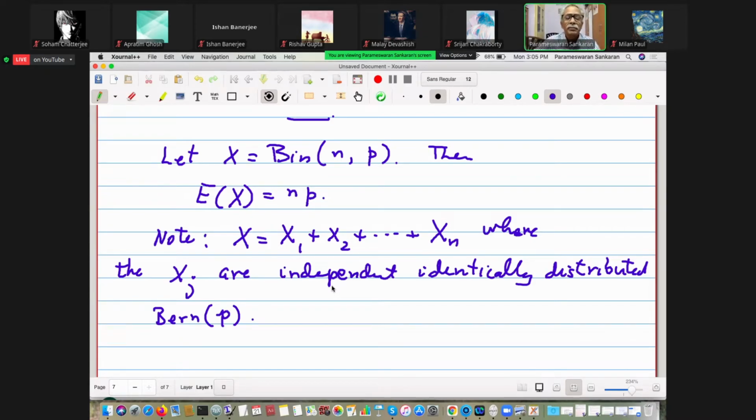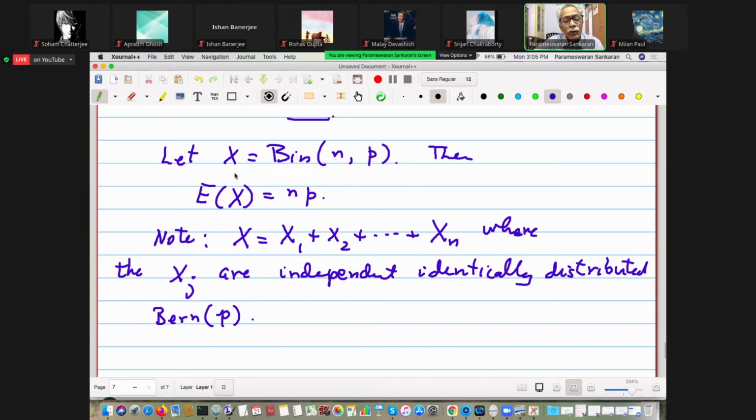But anyway, you just think of, for example, a coin toss experiment, and then x is the random variable that counts the number of heads, where the probability of heads is equal to p, and the probability of tails is q, which is 1 minus p.